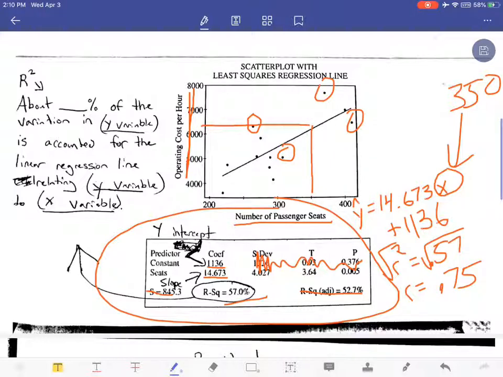Putting in those numbers times 350 plus 1136. So the exact value would be 6,271. So if you want the exact value, you want to make sure you plug that x value in for x in your regression equation.